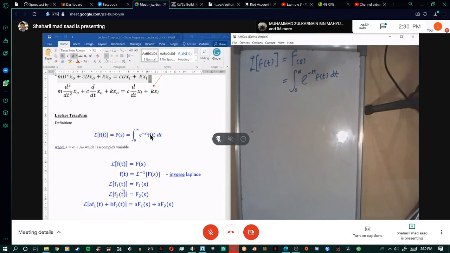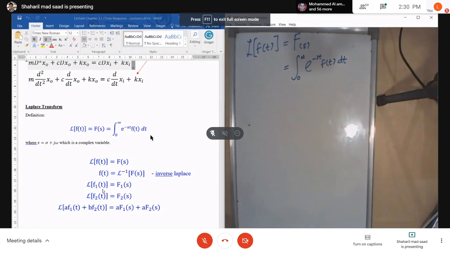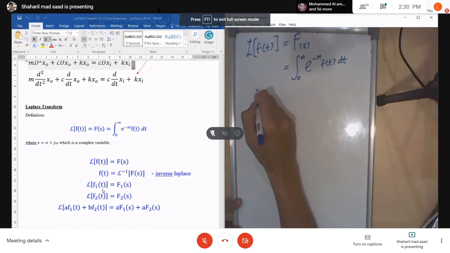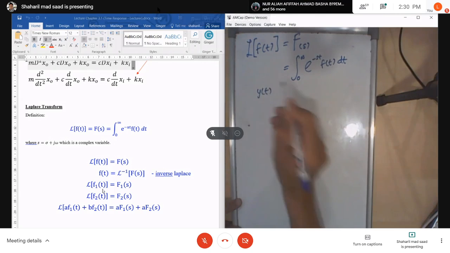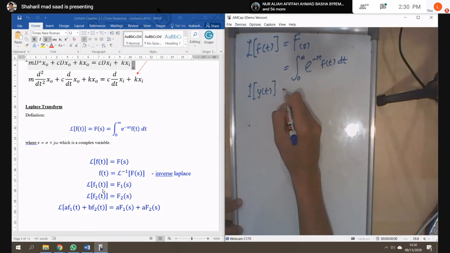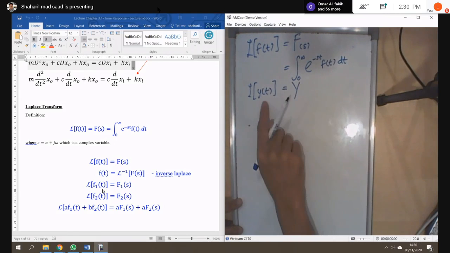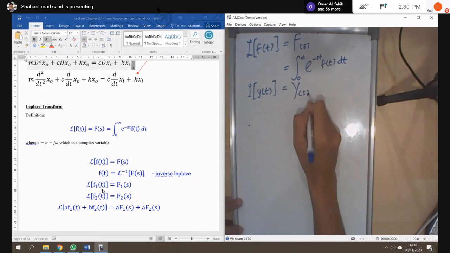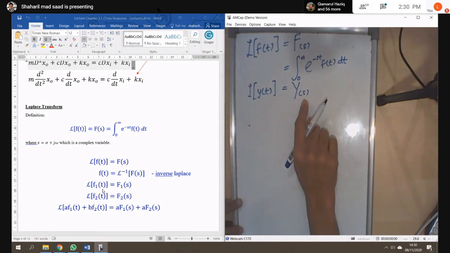So for example, you have y(t). When you Laplace y(t), you get capital Y, and the domain is s.